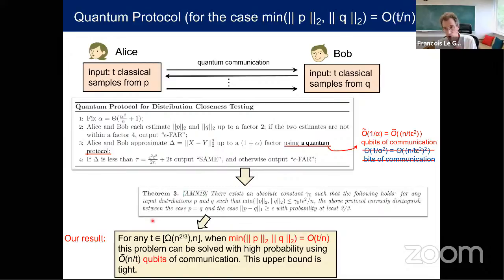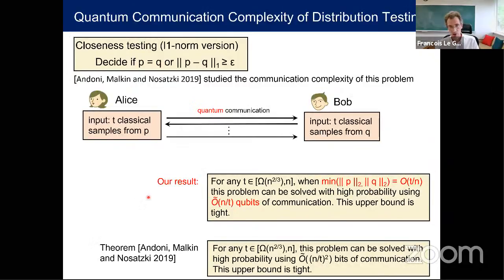Step 3 is the step that costs the most communication. To summarize the results, we obtain a quadratic improvement when P and Q have small enough norm.